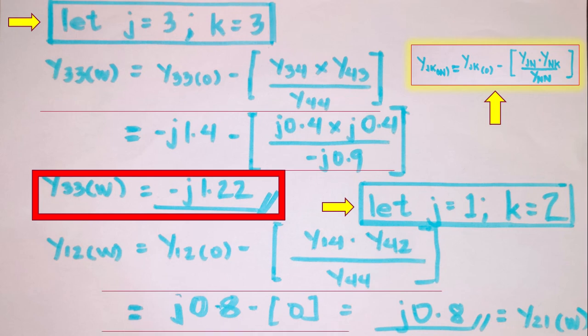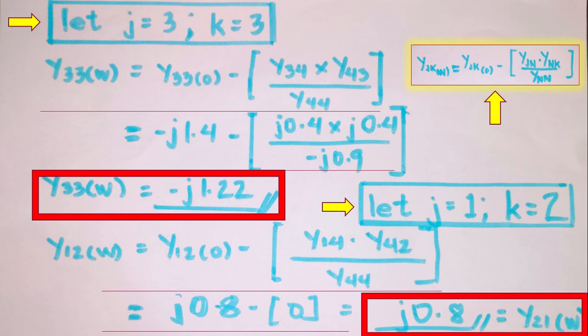Using this, we will now have the equation j0.8 minus 0, which has the final answer j0.8, which is also equivalent to y21. Why? Because this is a symmetrical matrix, so y sub 1 and 2 is equal to y sub 2 and 1.